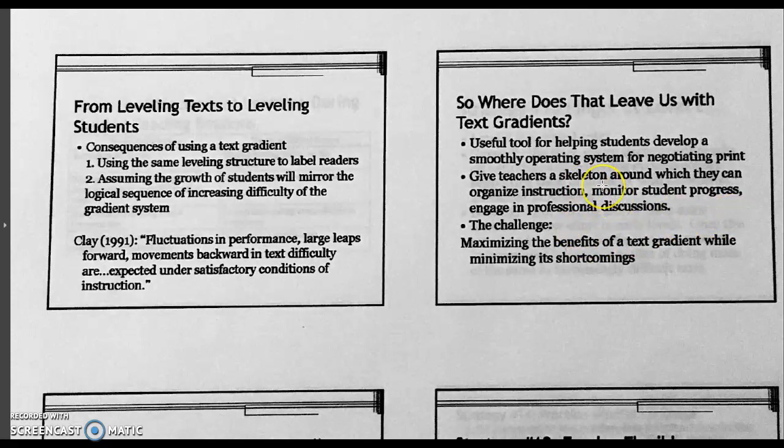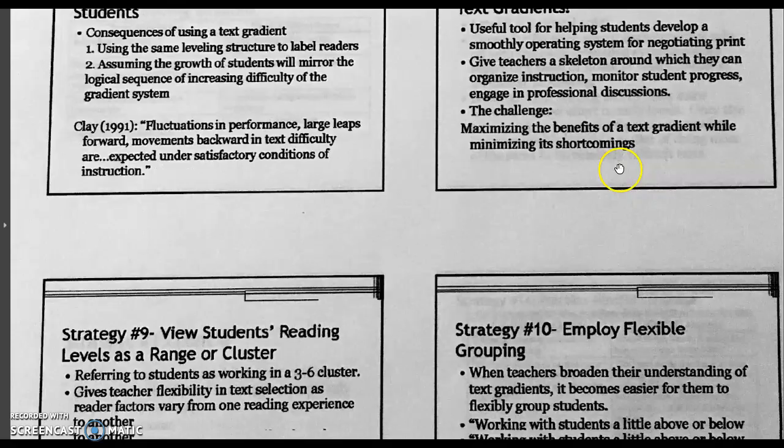It gives you a skeleton, not the whole body, but a skeleton where you can organize your instruction, you can monitor how students are doing, you can engage in discussions around how this text is different in this level from this text in that level. But the challenge is to maximize the benefits of having a text gradient that helps you understand how a level A book is different from a level E book, while making sure that you don't use those levels in a way that harms kids.